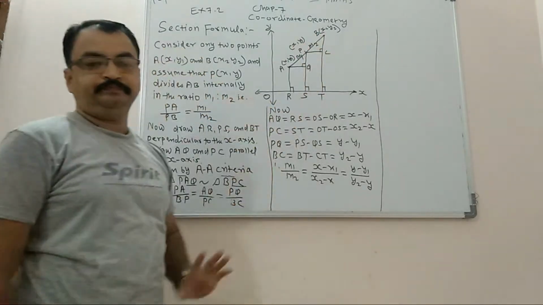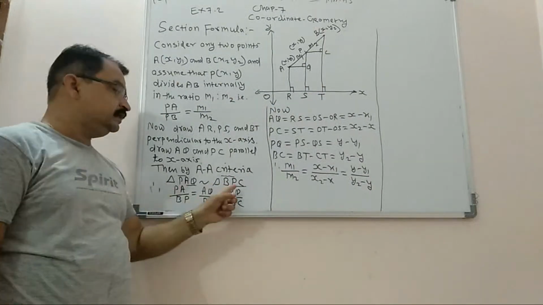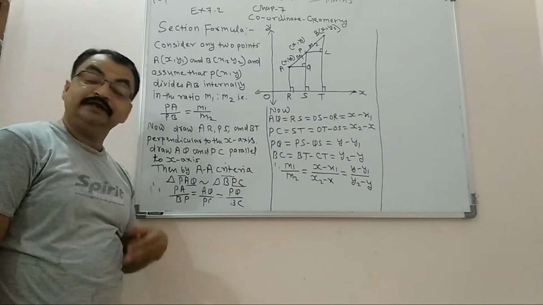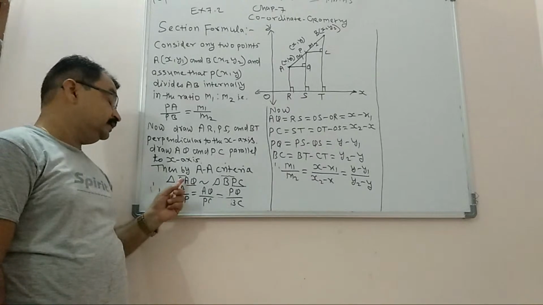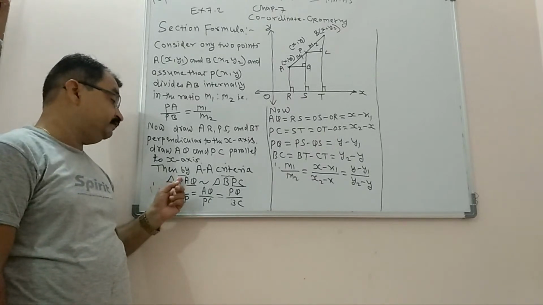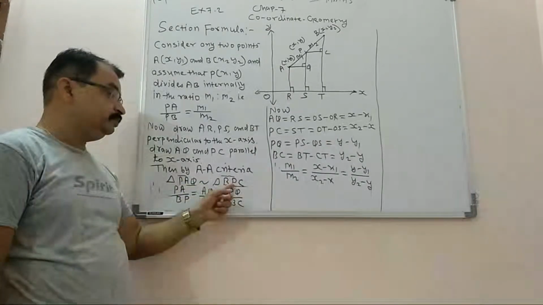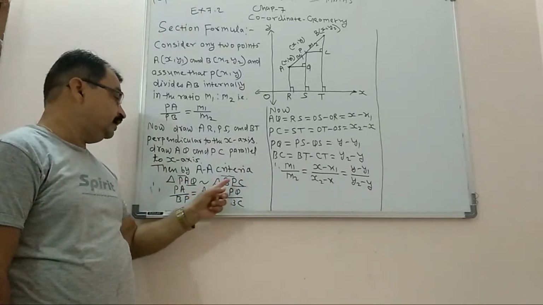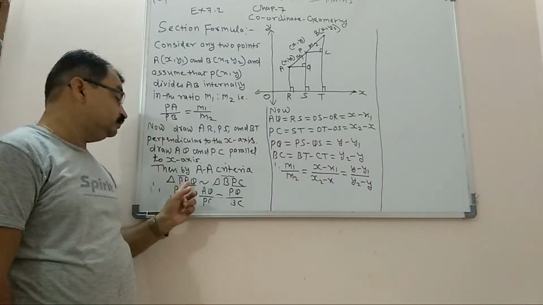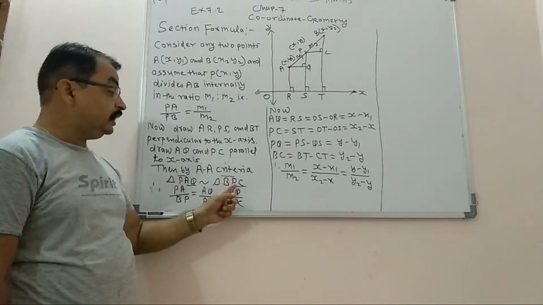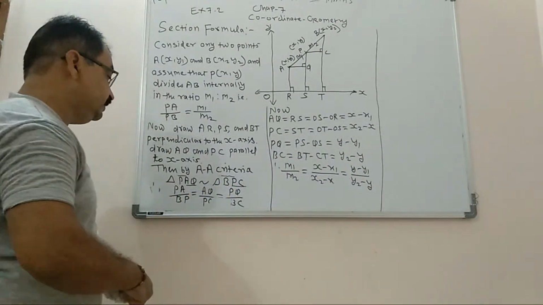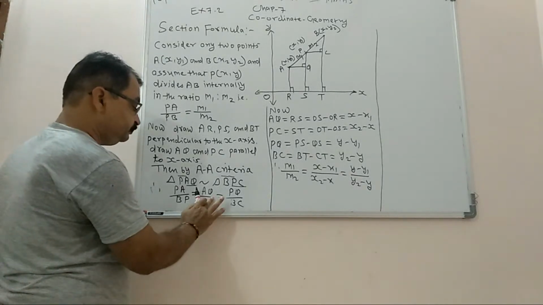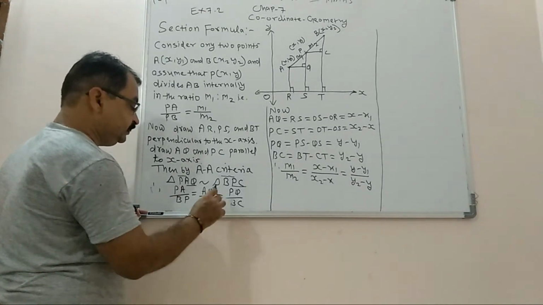And since the triangles are similar, the corresponding ratios of sides will be equal. So take the corresponding pairs. See, I have taken first two PA, so here first two will be BP. So PA upon BP will equal, then last two AQ, so here last two are PC. AQ upon PC, right children?